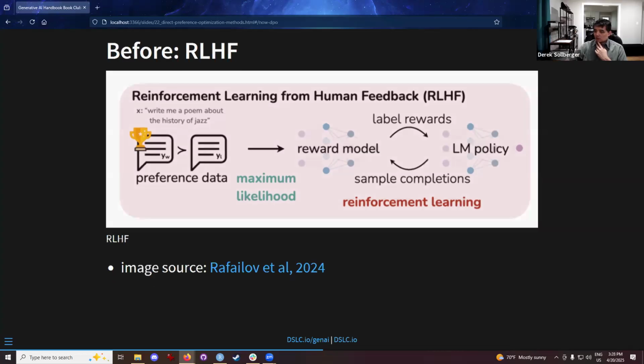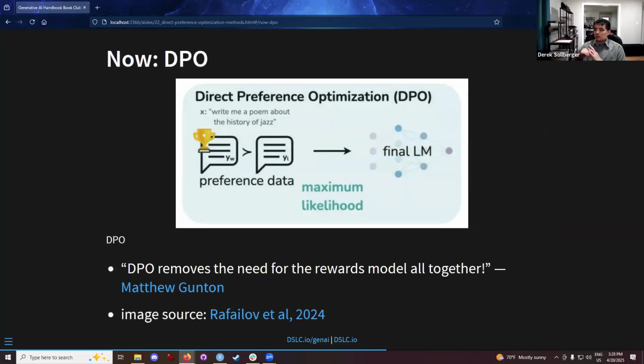What the developers realized is with direct preference optimization, we skip the middle steps altogether. So as you can see in the quote on the bottom, direct preference optimization removes the need for reward models altogether. And if you're skipping a huge stage of your overall workflow, you can imagine this saved a lot of time and money in the training of large language models.